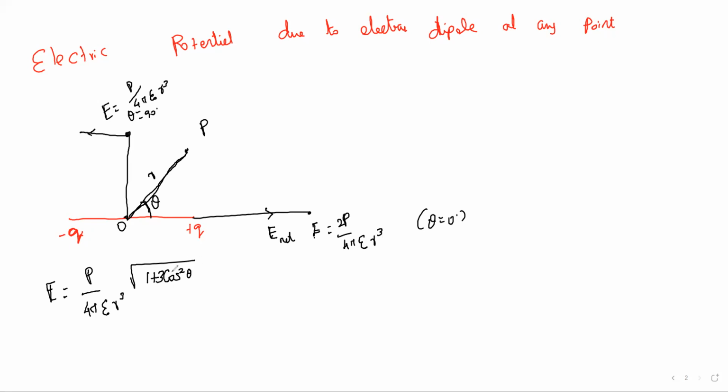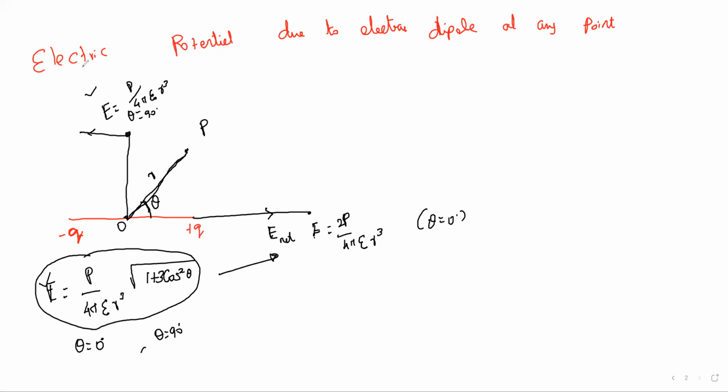If you substitute theta equal to 0 degree, you will get this formula. If you substitute theta equal to 90 degree, you will get this formula. We didn't have this formula in our textbook. Maybe you may get questions for NEET or JEE using this formula. But for our NCERT board exam, I don't think this formula will be useful for us. Okay, no problem.